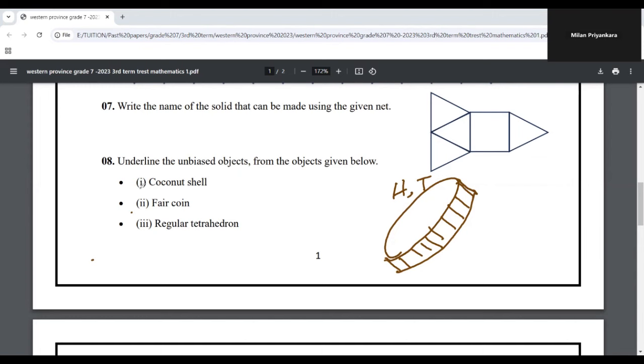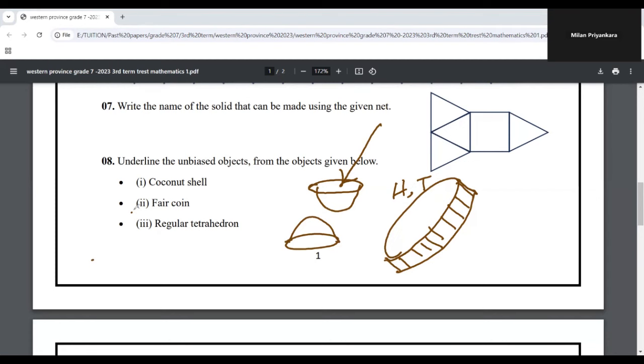So the coconut shell is not fair. It is not unbiased. It is actually biased. You know, it has this side and this side. So if you take this, it has more tendency, more likelihood to stay like this if you just toss it, right?